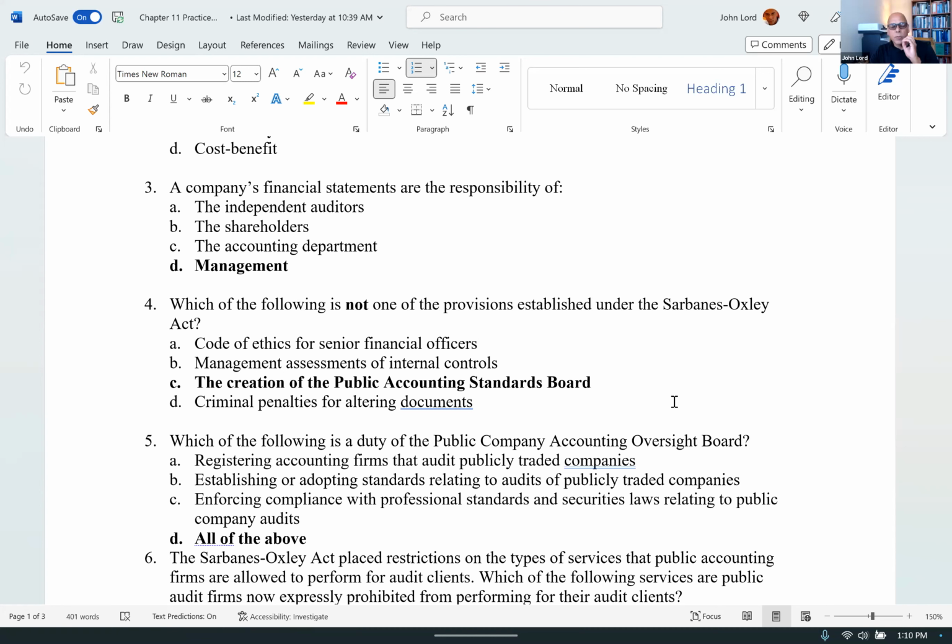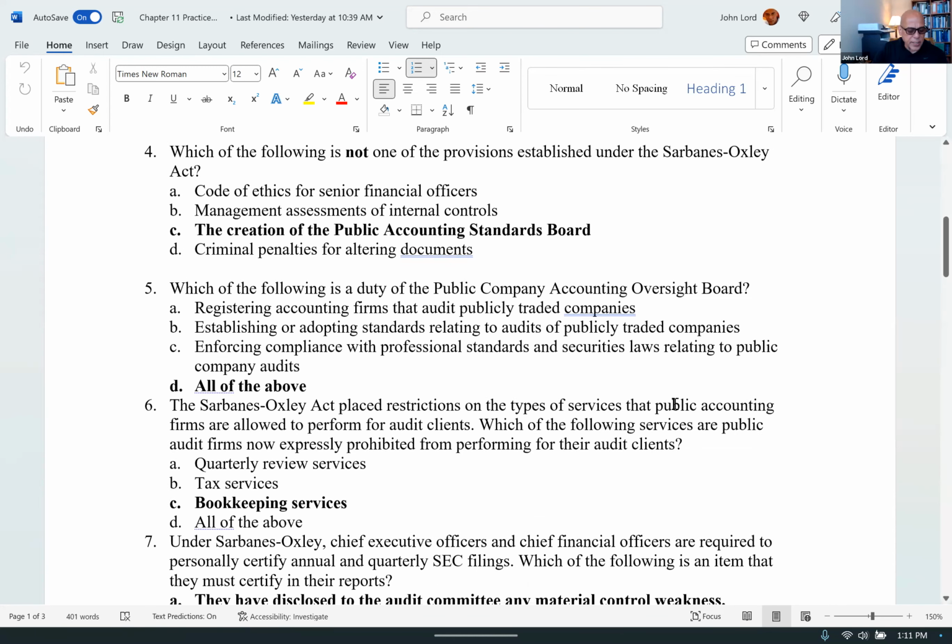But the creation of accounting standards falls under the Financial Accounting Standards Board, which was coming off of the '33 and '34 Securities Acts, and then the creation of the profession setting the standards, first under the auspice of the AICPA through the Committee on Accounting Procedures, and the Accounting Principles Board, and then the creation of the FASB in '73, like we talked about. Okay, let's take a look at number 5.